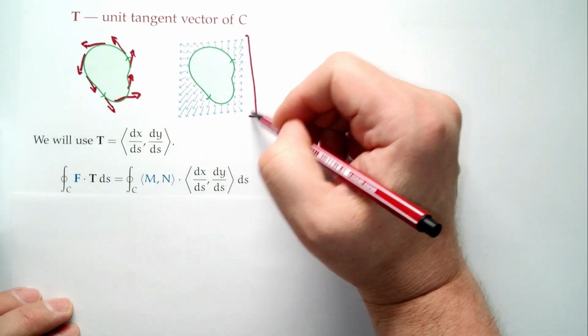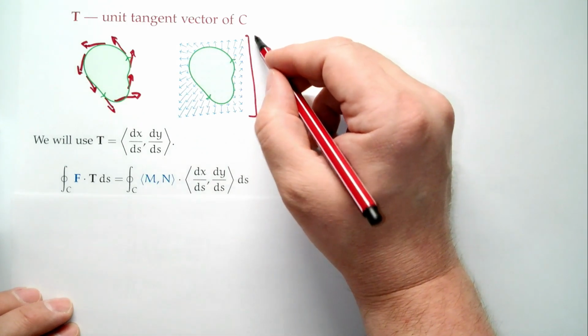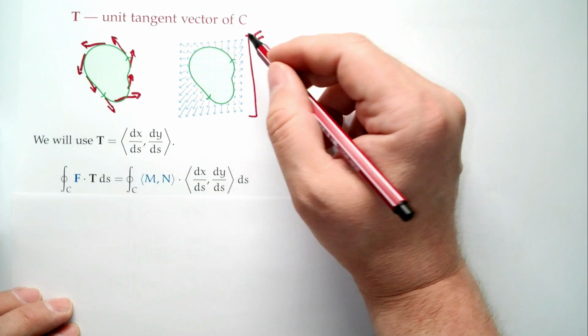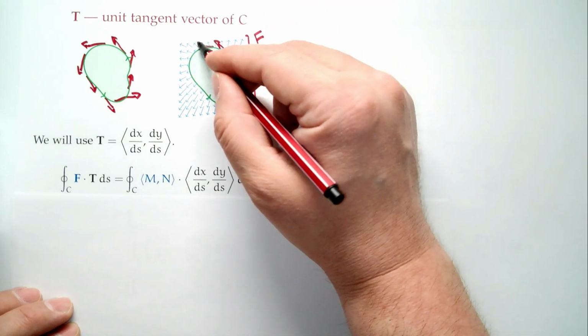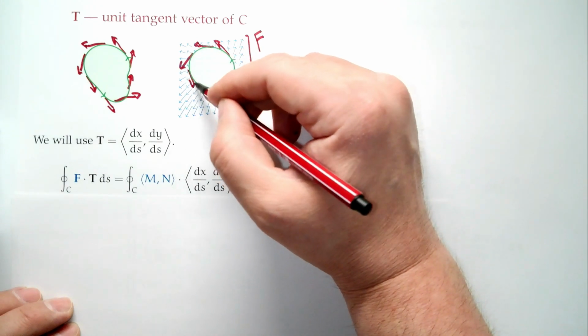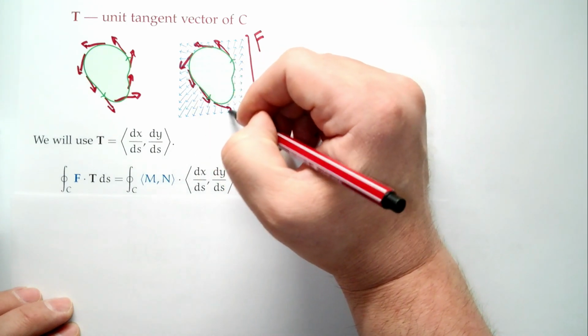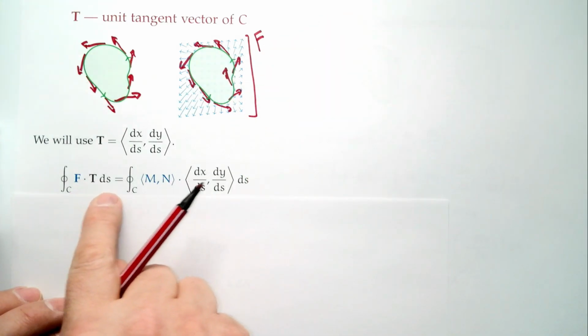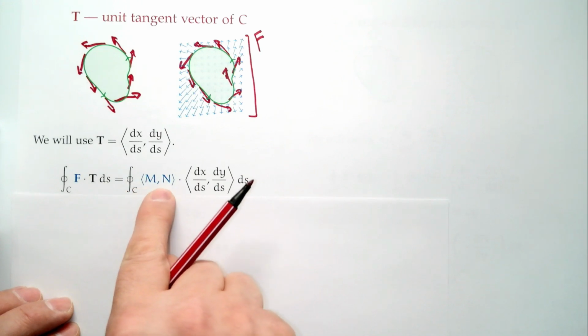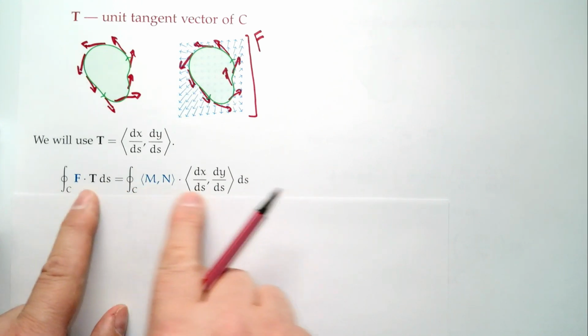So over here, these little arrows here, that's the f. It's a vector field. And so we can say, well, look at the vector field. What's happening when I'm taking the dot product, f dot t? What is it measuring? How do I find that? Well, so f dot t ds, that's M, N, that's my function f.